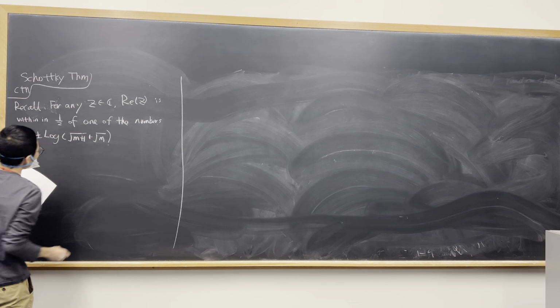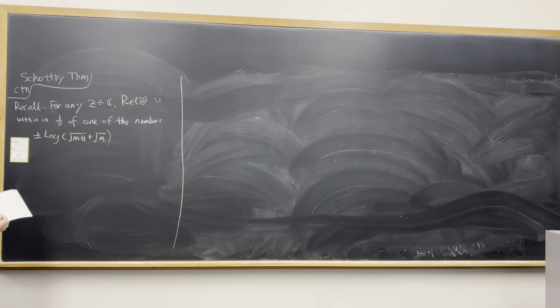Okay. So basically the idea is that this is scattered around, and the difference between the adjacent points, they are less than 1.